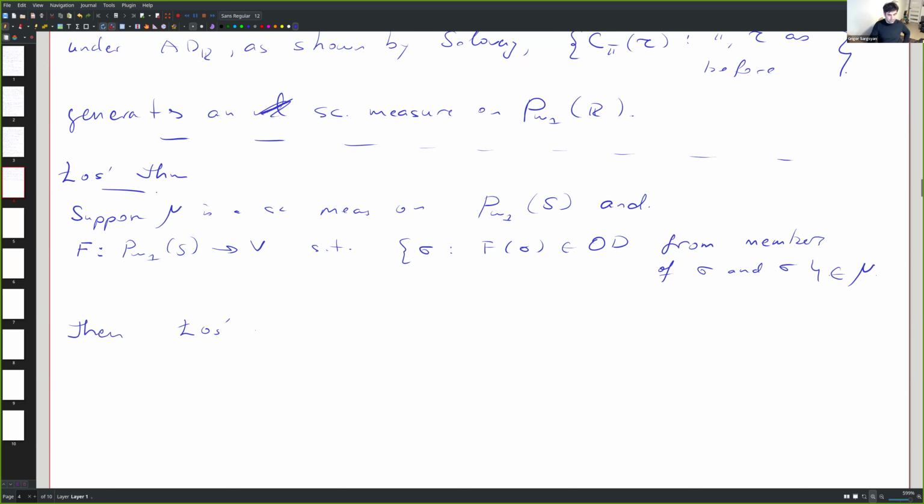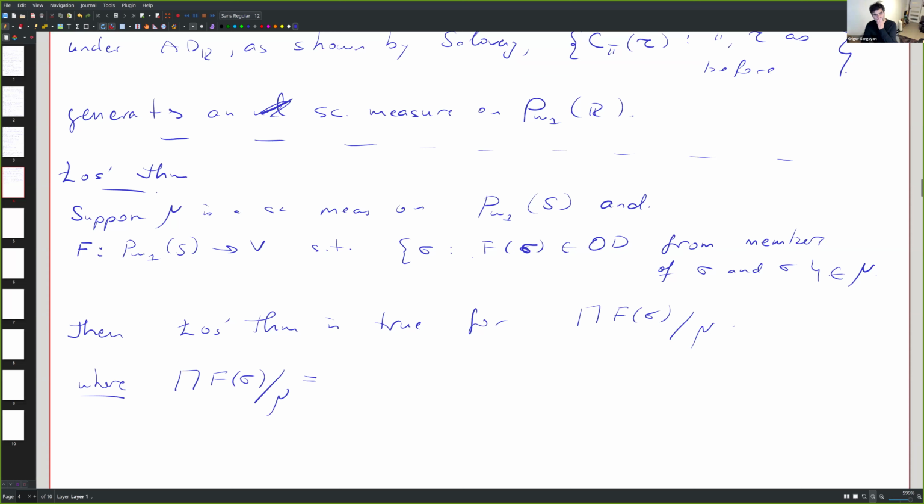Woodin's theorem is true for the product. Right, so what is this product? Okay, I'm doing this a little bit too fast.